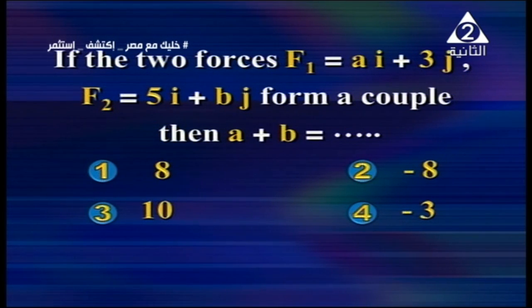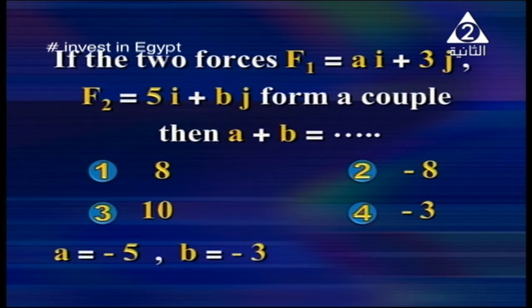Then what is the value of A? A, the coefficient of I of the first force, equals -5, and B equals -3. Then when we add A plus B, the answer is -8. My dear student, 2 forces form a couple when equal in magnitude and opposite in direction.